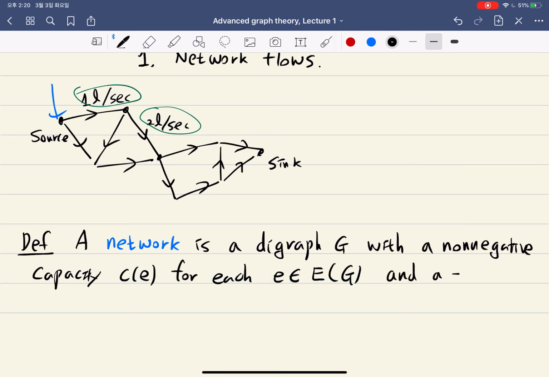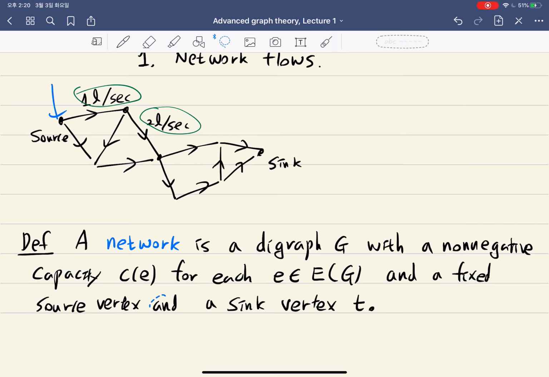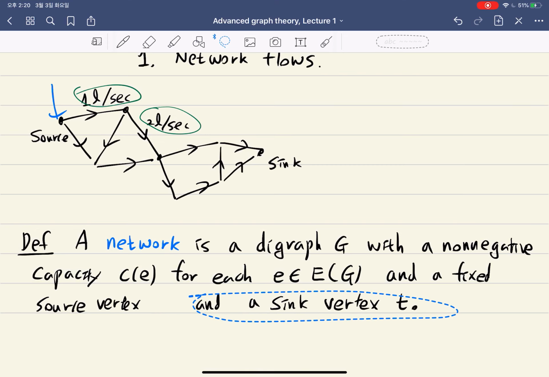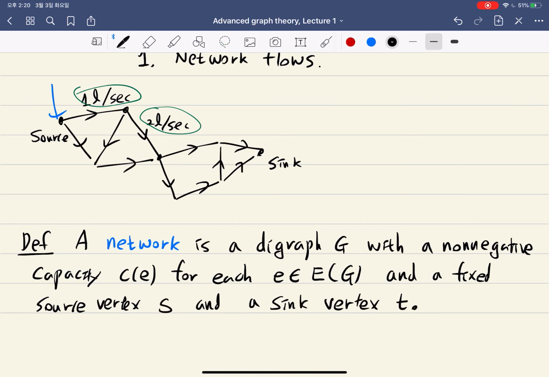And a fixed source vertex and a sink vertex. Say the sink vertex is T, which represents the terminal, and the source we write as S.